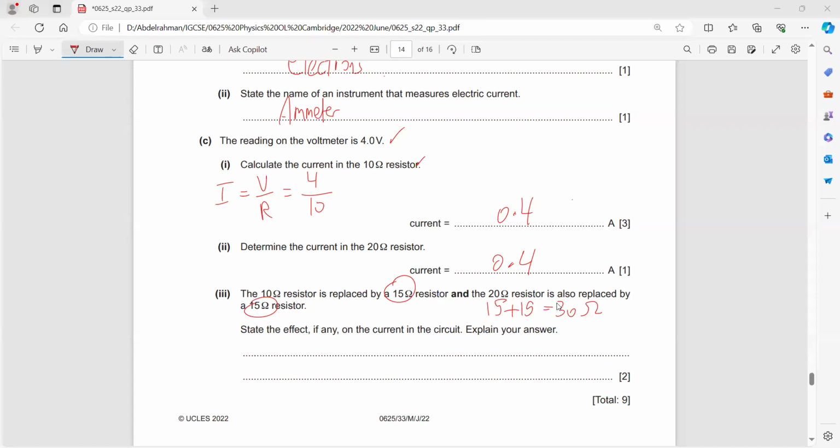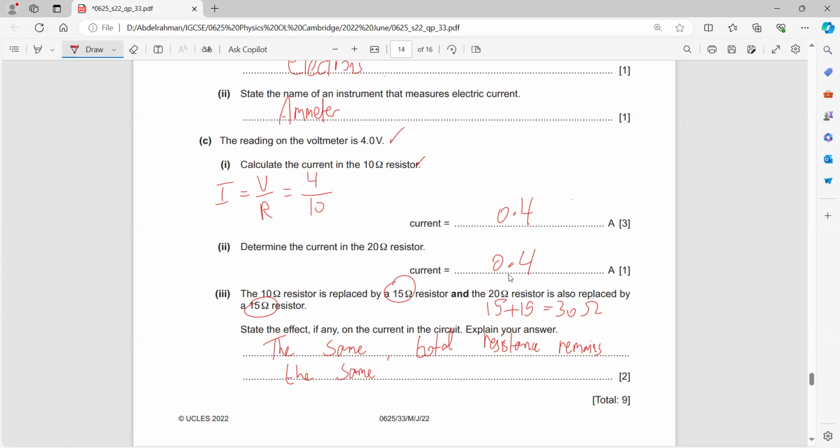So when the resistance doesn't change, will the current change? No, it will stay the same. Why? Because the total resistance is the same. What if the total changed?